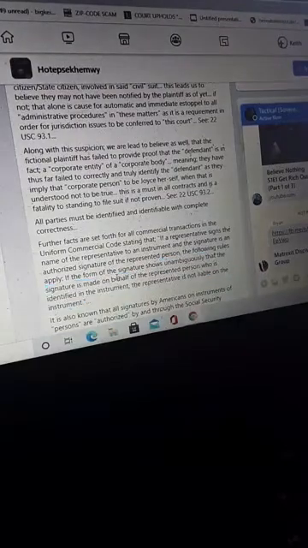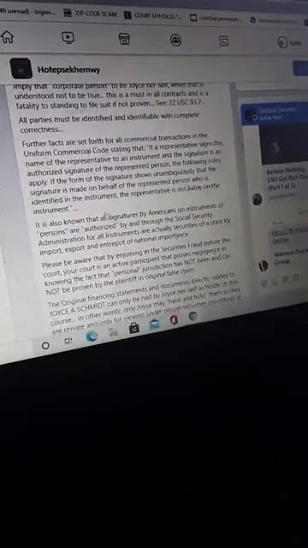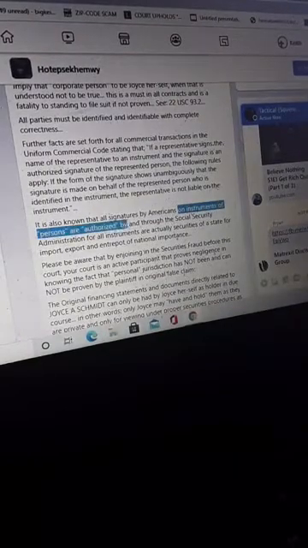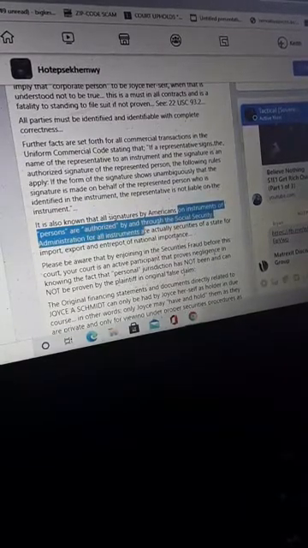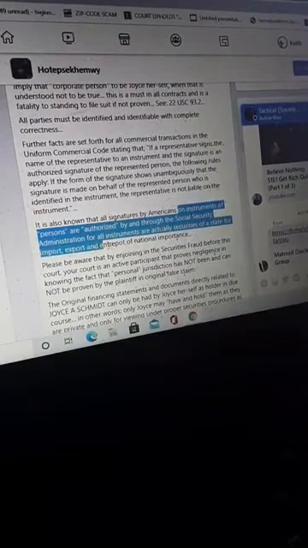Pure and simple. It is also known that all signatures by Americans on instruments of persons are authorized by and through the Social Security Administration, for all instruments are actually securities of a state for import, export, and entrepot of national importance.